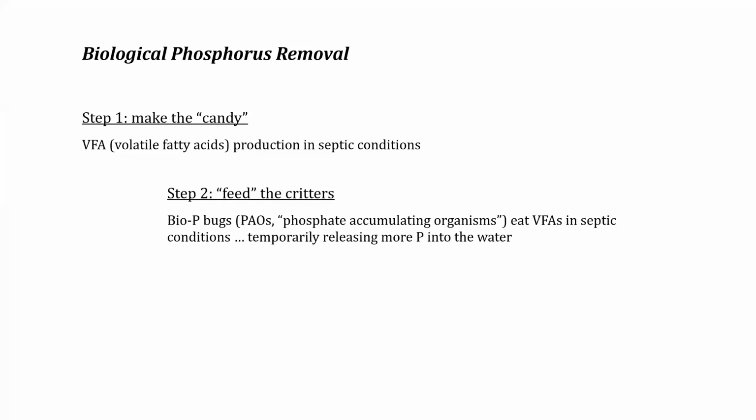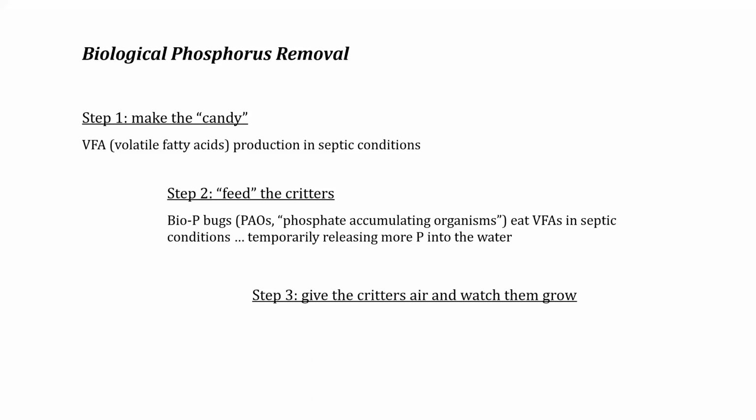But if there's a limited amount of volatile fatty acids, and if there's still a 6 milligram per liter, 7 milligram per liter concentration of nitrates, the organisms that will reduce those nitrates down to lower numbers will outcompete the phosphorus organisms. So that's pretty critical here.